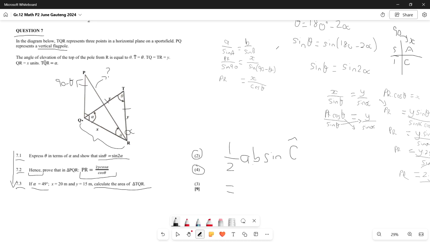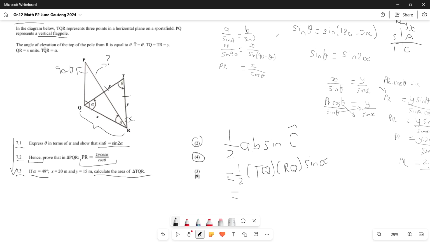They gave us the x value here and the y value here, and they gave us the angle of alpha, which means that we're going to take half of side TQ multiplied by side RQ multiplied by sine of alpha. And then from there, as we can see, TQ represents y, and y was given to us as 15 meters. So we can just plug that in. So we have a half multiplied by 15 multiplied by RQ. RQ represents x over here.